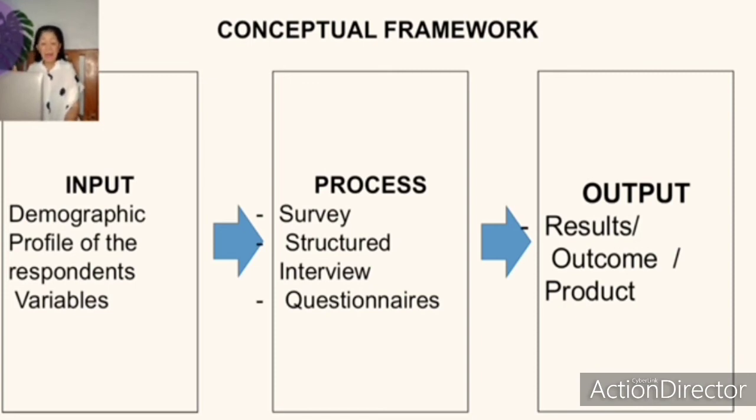And then the process, which is the field work. This will be conducted through a survey questionnaire or structured or unstructured interview. There will be questions. And for the O, which is the output, this will be the outcome, the result, or the product of your research.